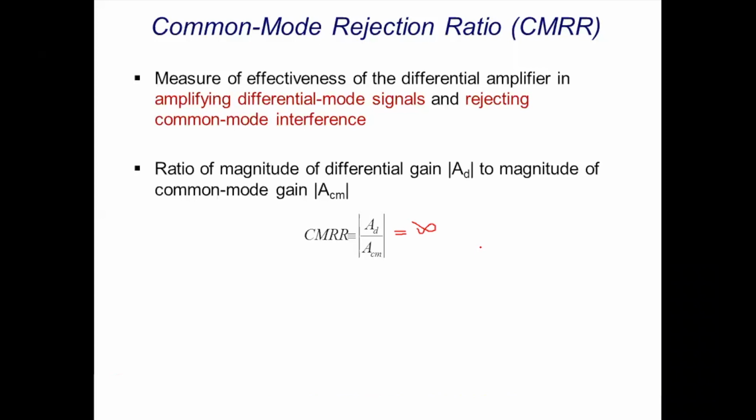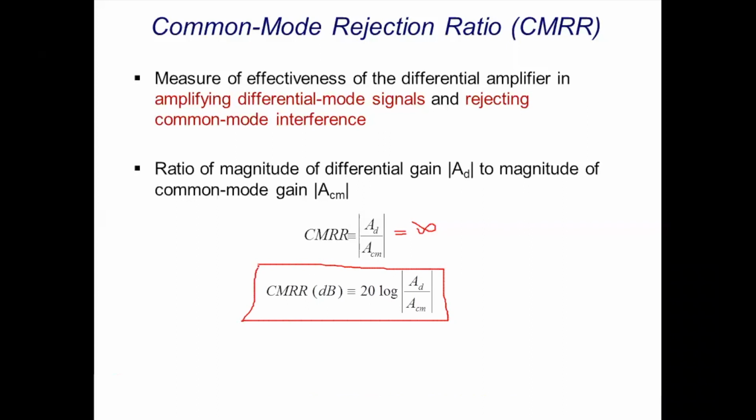But in practical cases, it is not possible, so the CMRR should be set as high as possible. We'll look into those aspects later. CMRR is predominantly expressed in decibels, so it is equal to 20 log to the base 10 of AD divided by ACM.